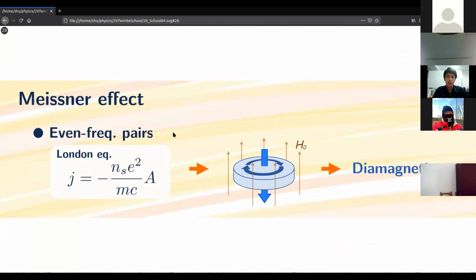Also, this negative pair density can change even the Meissner effect. The Meissner effect is the most fundamental property of superconductors. Combining the London equation and the Maxwell equation, we can derive the Meissner effect. We can show that the superconductor shows a perfect diamagnetic response, perfect diamagnetism.